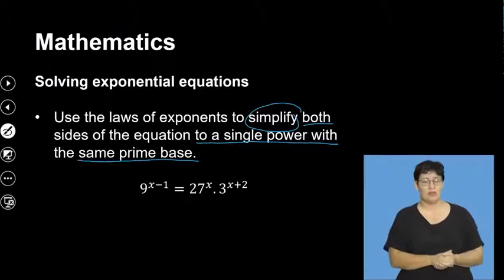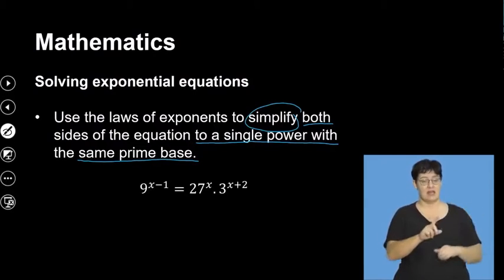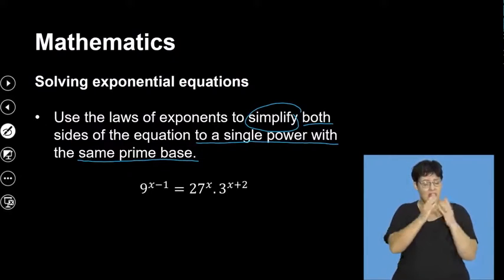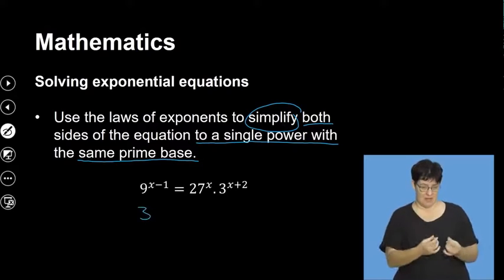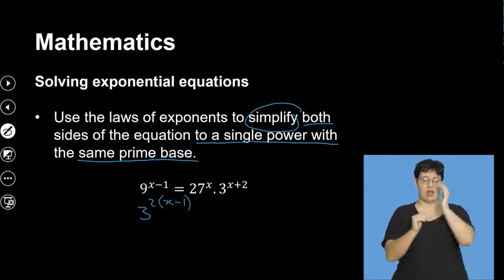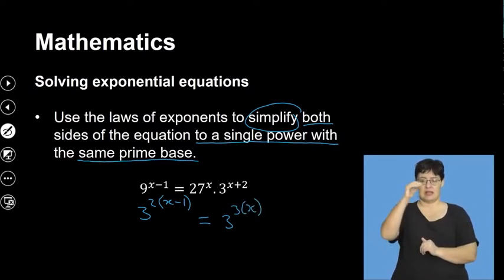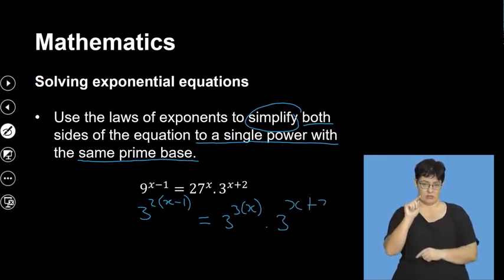Now, just an example for this, it will be 9 to the exponent of x minus 1. So to simplify this, I must change everything to be the base of 3, right? Or a prime number. So this is going to be 3 squared into x minus 1. And this equals 3 cubed into x, then multiplied by 3 to the exponent of x plus 2.